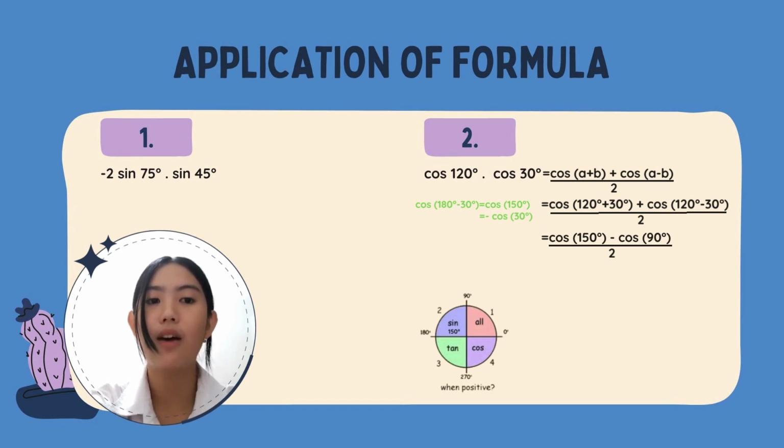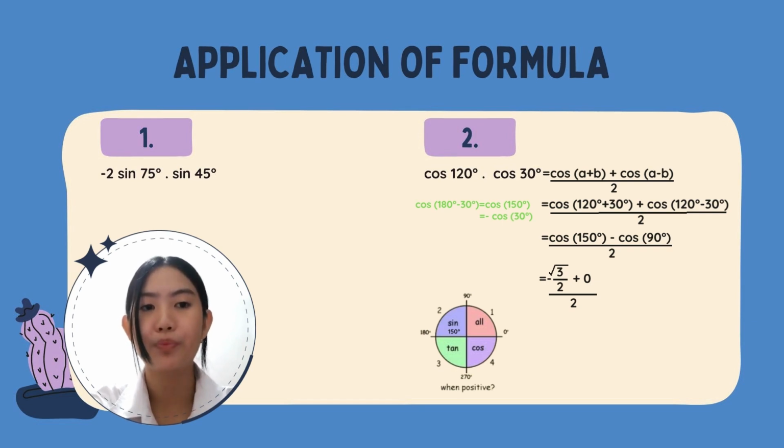And just write it down, which in this case is negative root 3 over 2 plus the value of cos 90 degree, which is 0, and don't forget over 2. Since we have plus 0 right here, we can just ignore it because it doesn't make any difference. Then we have another over 2 on the very bottom, which in this case is a division.